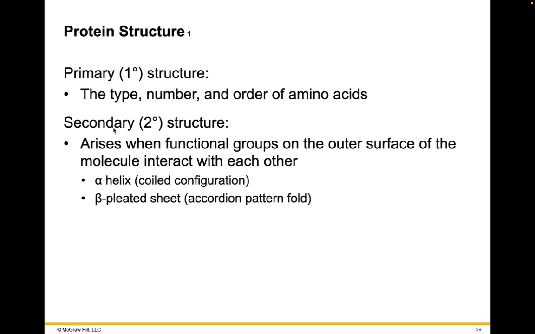In the secondary structure, these functional groups and your amino groups and carboxyl groups start interacting with each other, and they make 2 different shapes. An alpha helix, which is like a helix. Think of the double helix as 2 strings kind of ribboned, while alpha helix is 1. And beta pleated sheets are like an accordion.